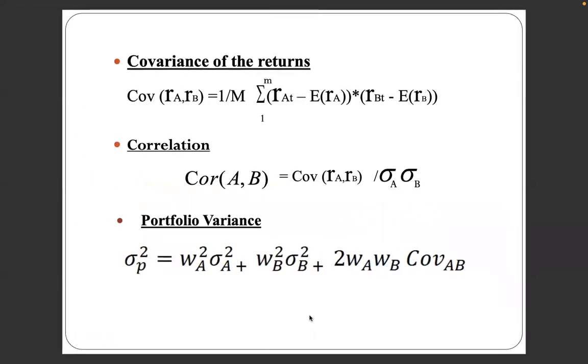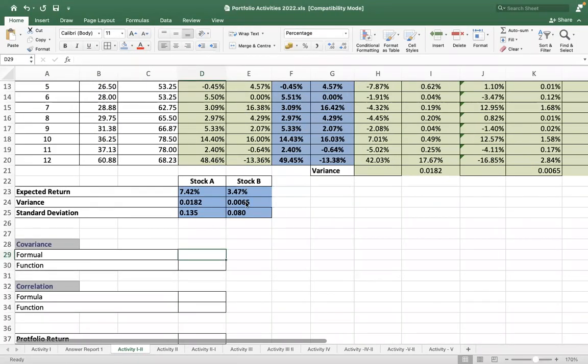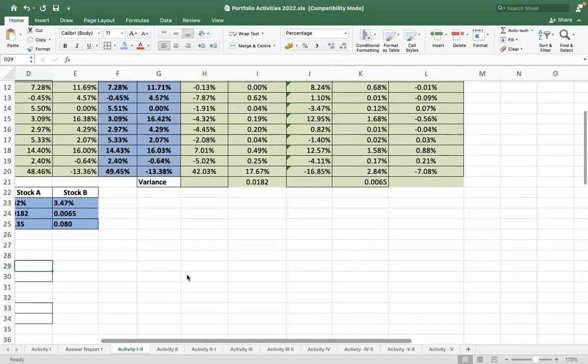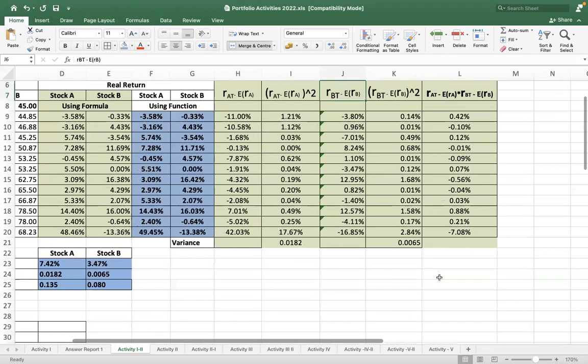Here, the covariance is these two multiplied by these two and divided by the number of observations, right? Here these two multiplied by these two, this one and this one.